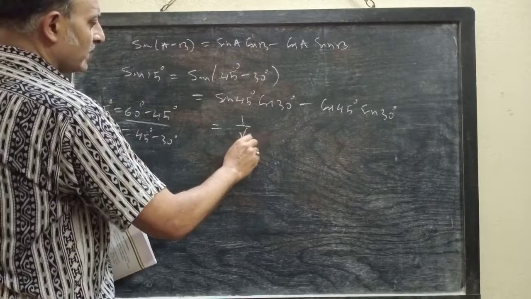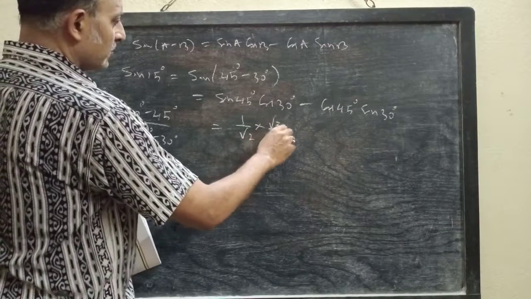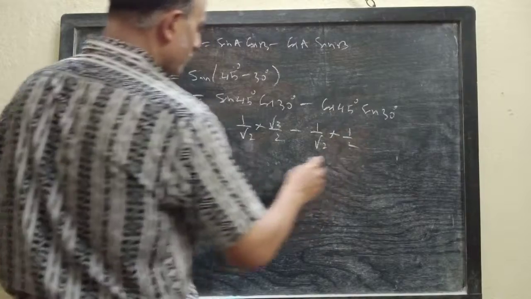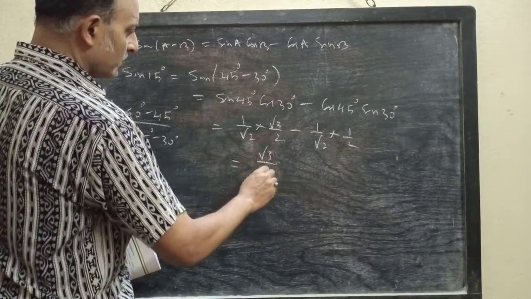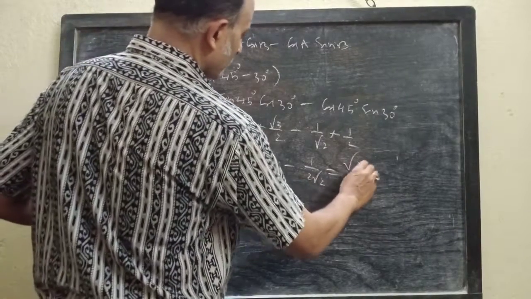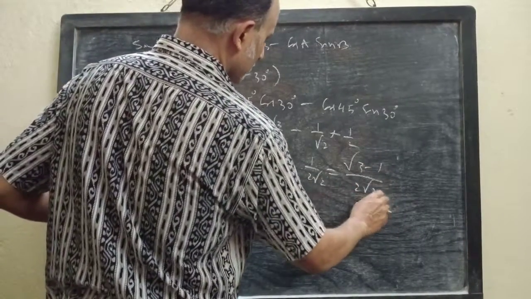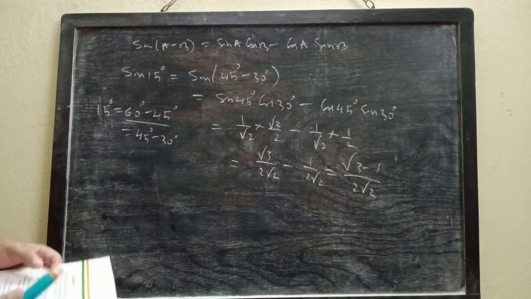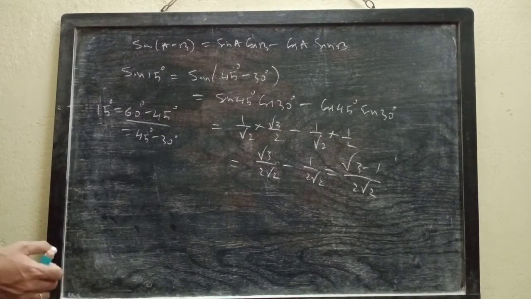Sin 45 is 1 by root 2, cos 30 is root 3 by 2, cos 45 is 1 by root 2, sin 30 is half. This is root 3 by 2 root 2, this is 1 by 2 root 2. So ultimately we get the same value, root 3 minus 1 by 2 root 2. So this is the value of sin 15 degree.